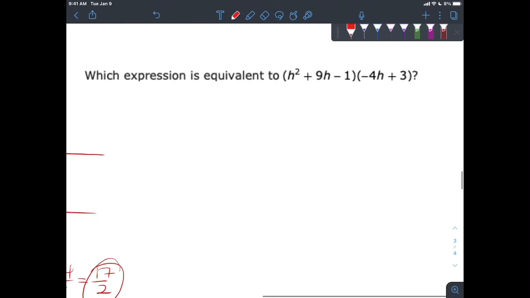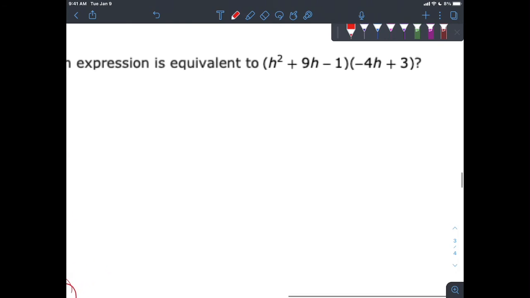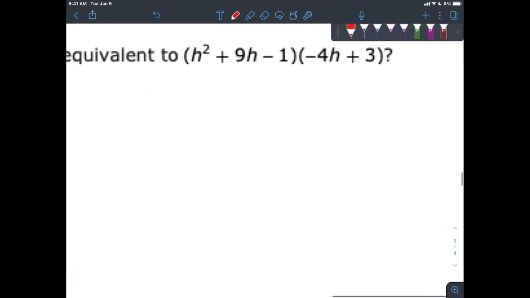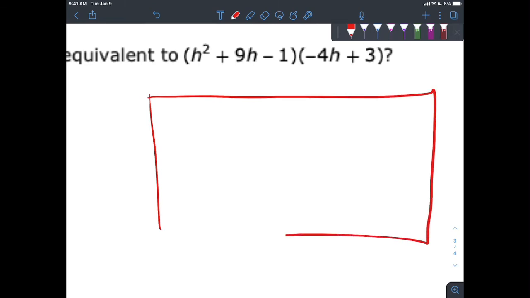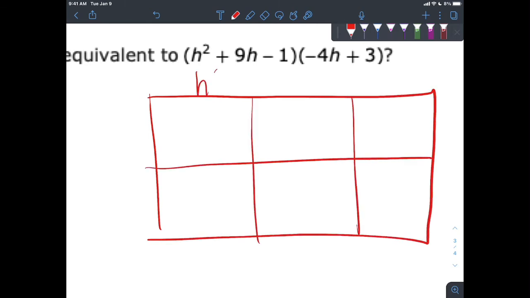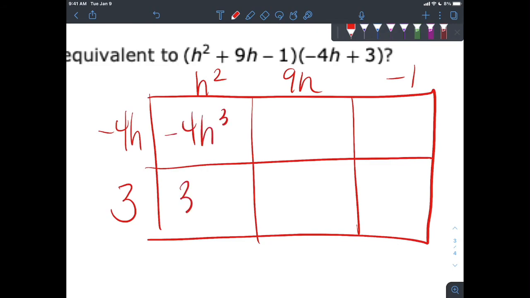All right, next one. Here they want me to go ahead and multiply this out, so I'm going to use my fancy box method. And of course, I'm just going to start multiplying in.